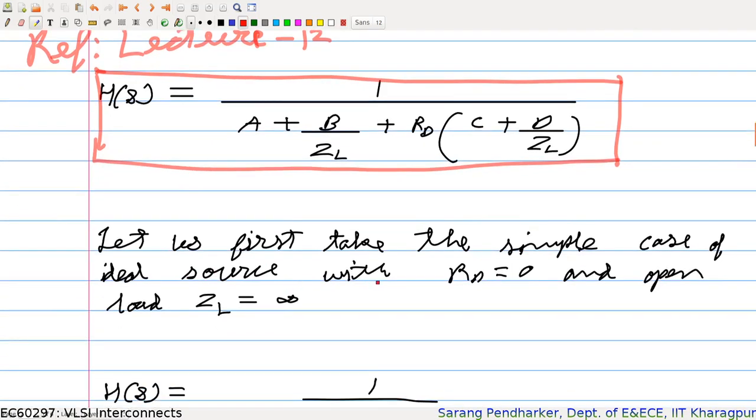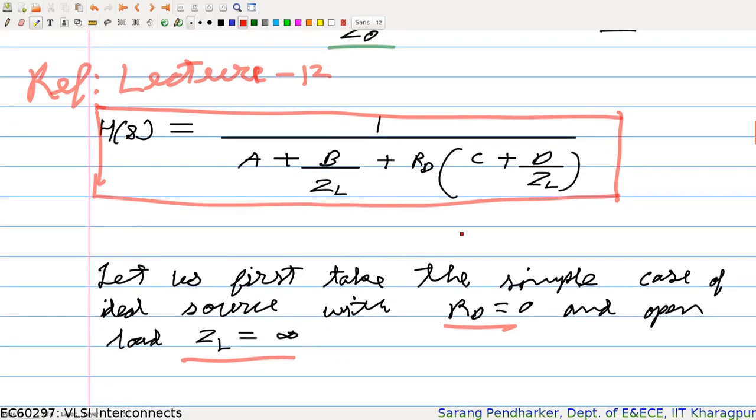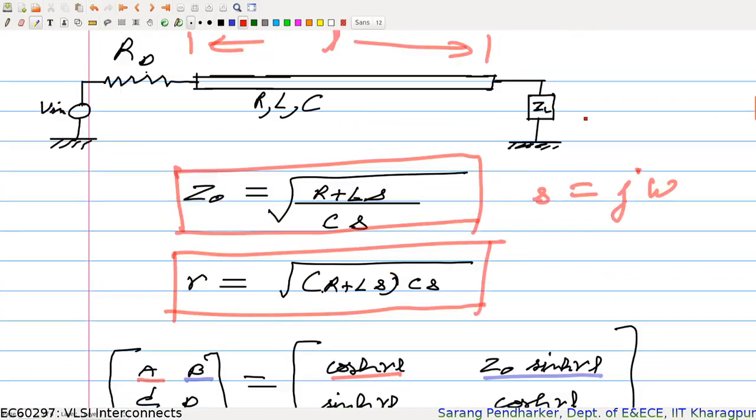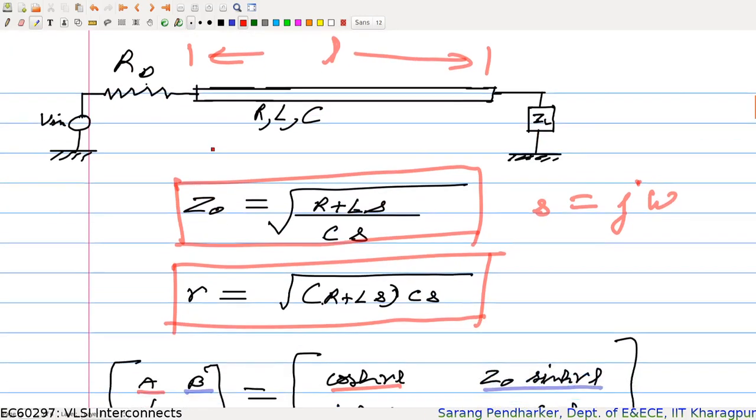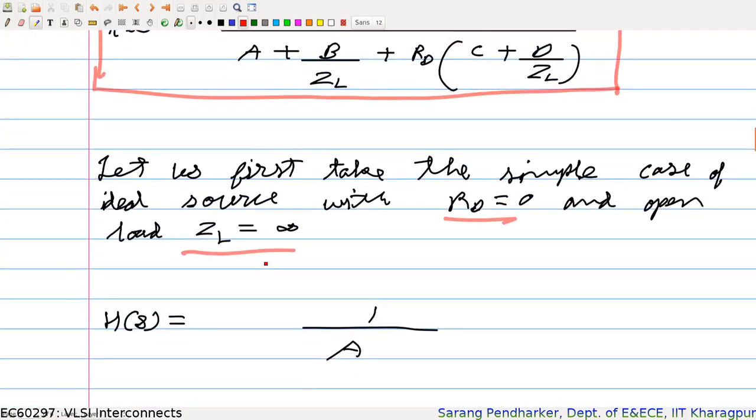So let us first take the simple case of an ideal source where RD is 0. So your driver resistance RD is 0, and your load is also open. So there is no capacitance in the load. So this is basically open, and this is just a short. There is no driver resistance or negligibly small driver resistance.